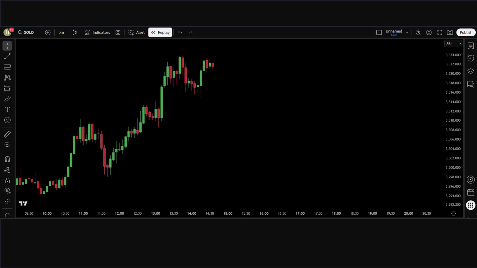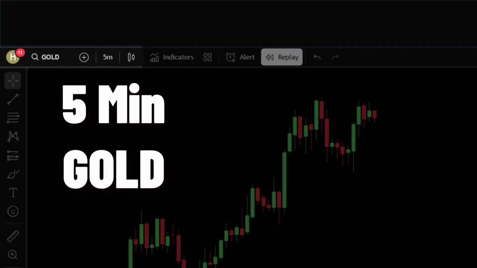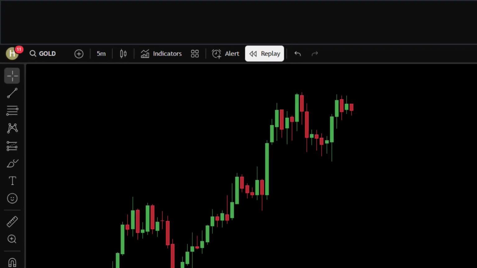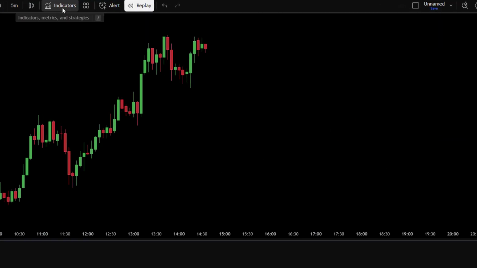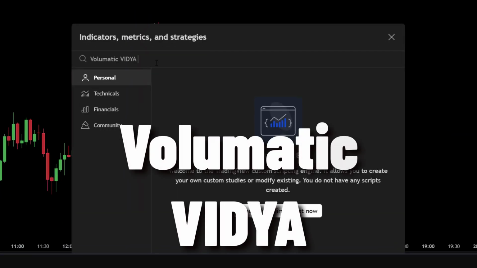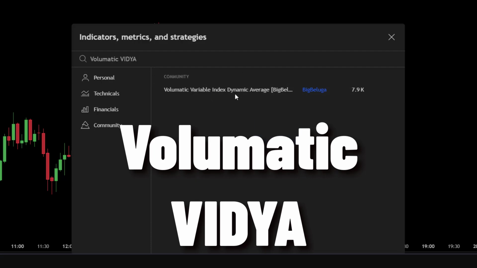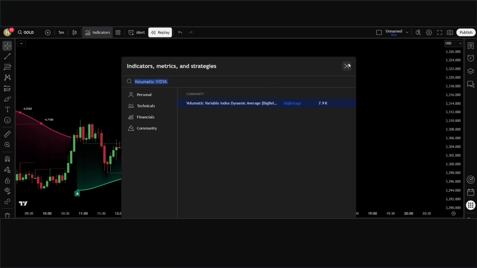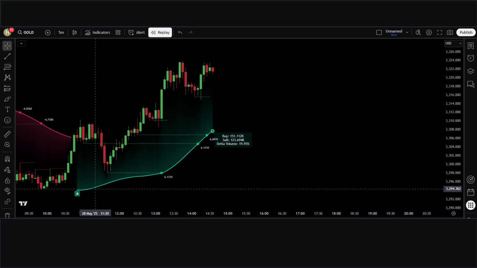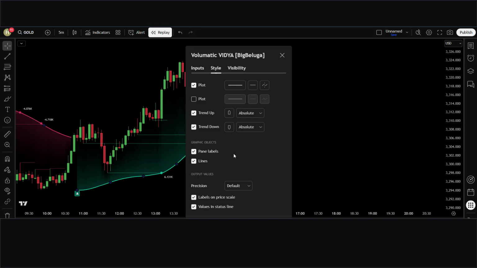Let's dive in. We are going to test this strategy on a 5-minute time frame on the gold chart. In this setup we would require two indicators. First indicator name is Volumatic VIDYA. Keep the indicator setting as I have shown here.